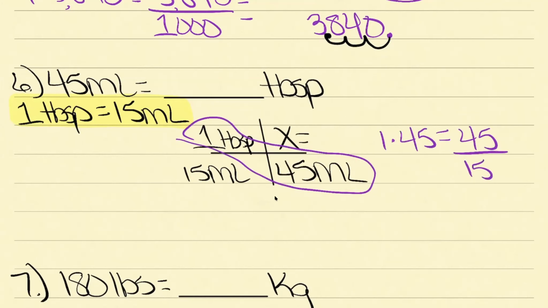So 45 divided by 15 is 3. So you get 3 tablespoons. 45 milliliters is 3 tablespoons. And if you couldn't see that right off the bat, 15 times 3 is 45.